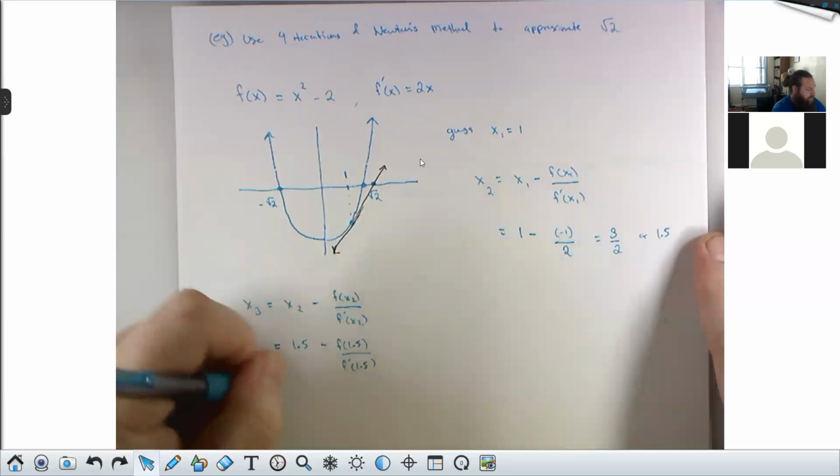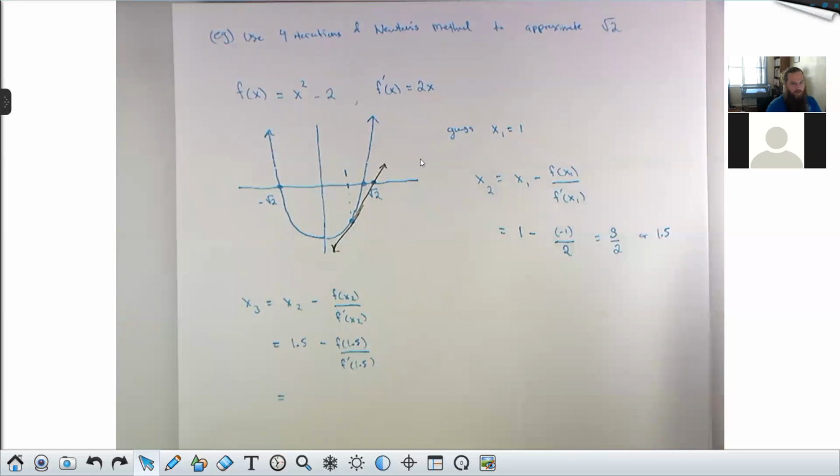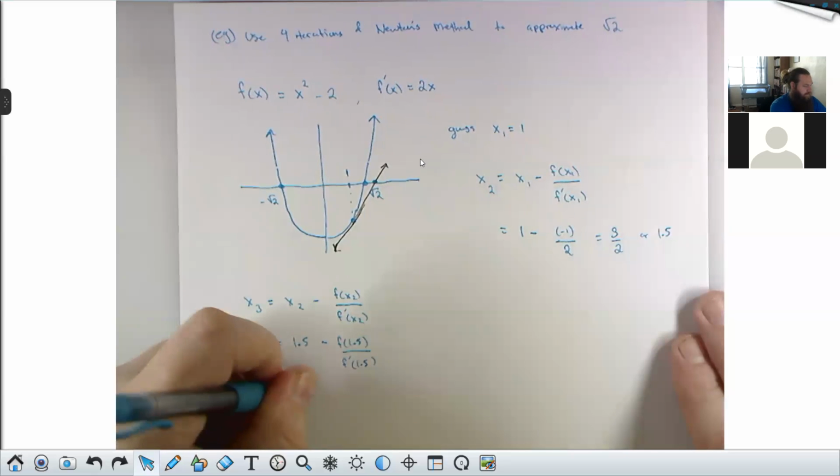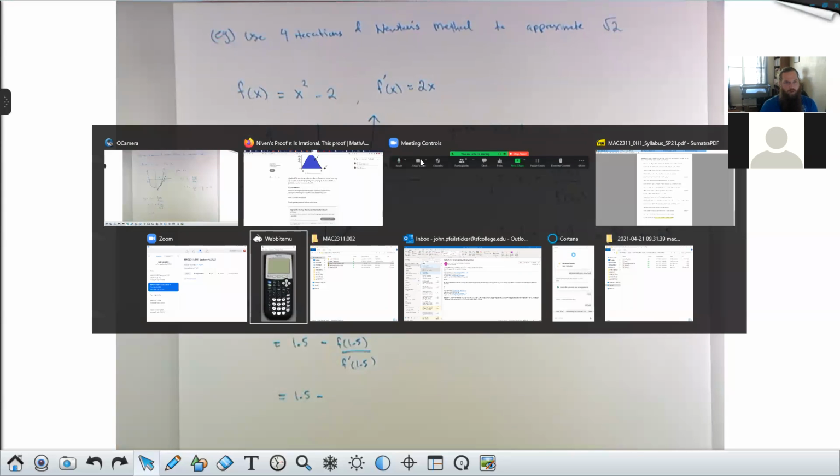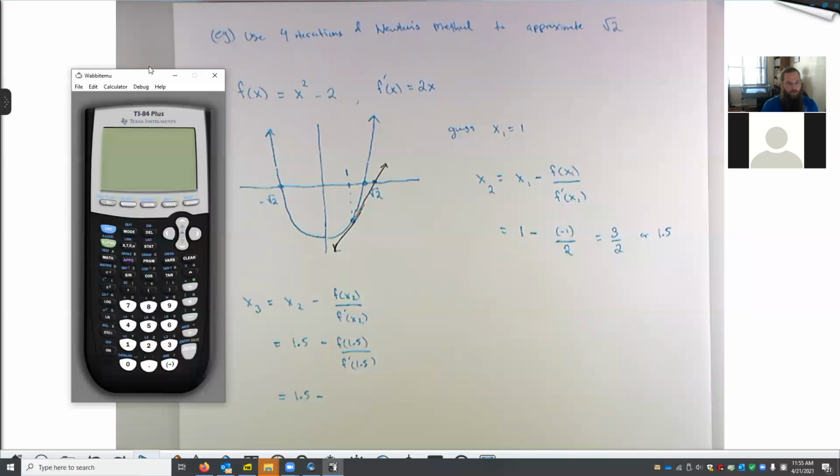And I'm going to get a little lazy with my arithmetic here. This is 1.5 minus, now what is f of 1.5? Let me use my calculator for this because I'm lazy. F of x is x squared minus 2, so I need 1.5 squared. And I need to subtract 2 from that. I get 0.25.